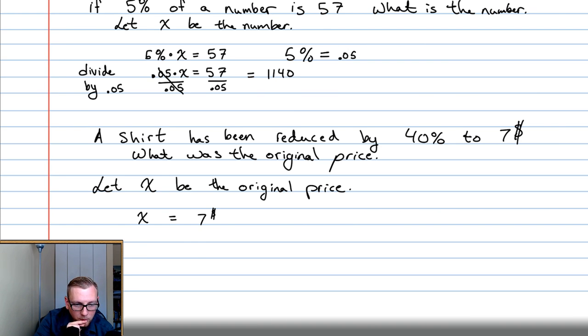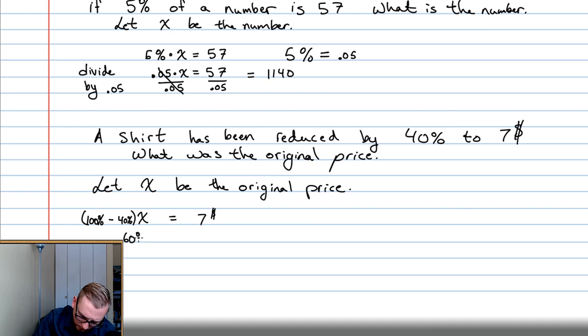And we're reducing the original price by 40%, which means it was at 100%, but now it's reduced by 40%. So it's reduced by 100% minus 40%, which would be 60%, right?